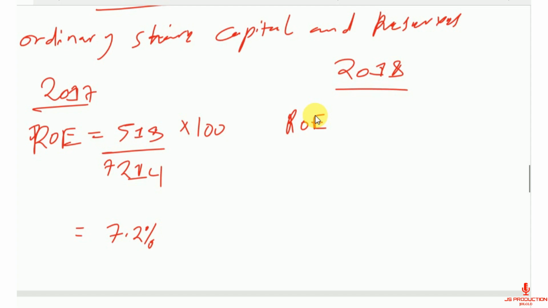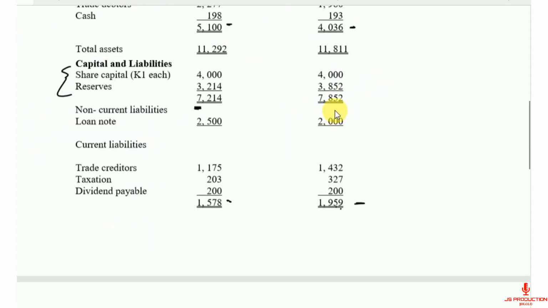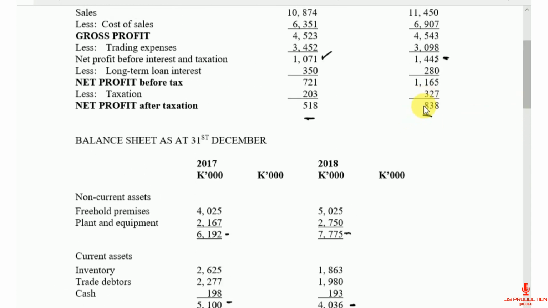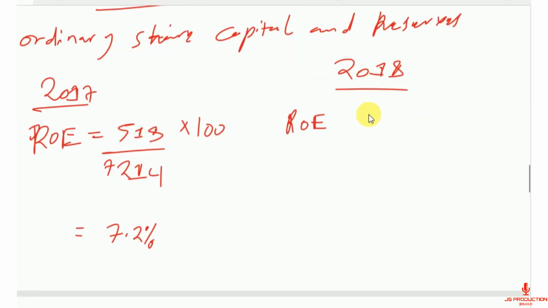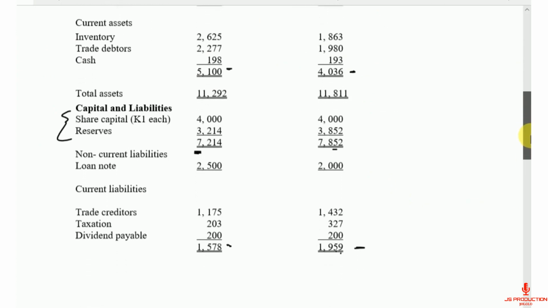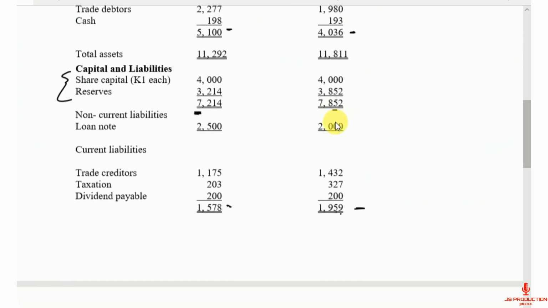The net profit after interest and tax is 838, divided by ordinary share capital and reserves, which we have as 7852.